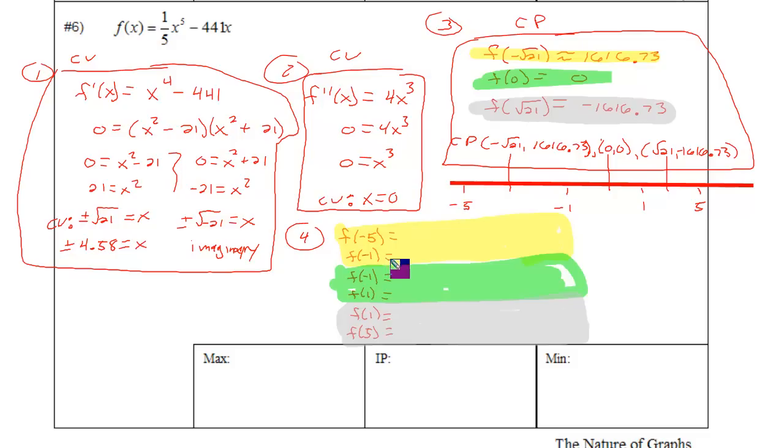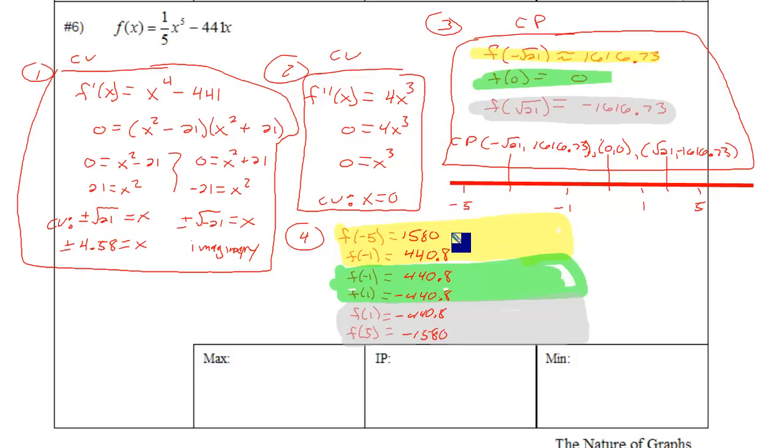So let's put these in. f of negative 5 is 1580, f of negative 1 is 440.8, f of 1 is negative 440.8, f of 5 is negative 1580.